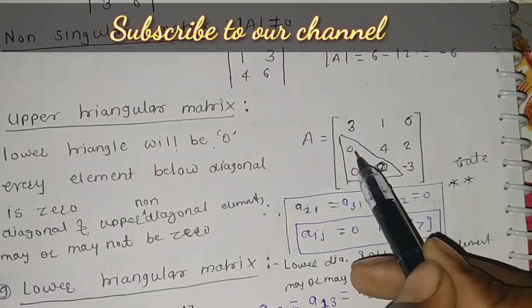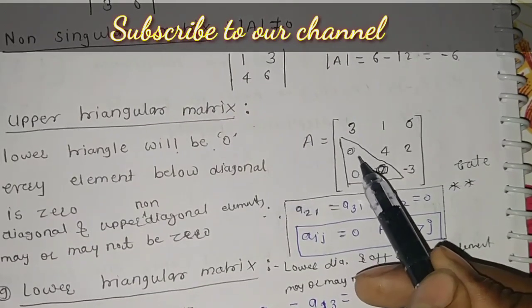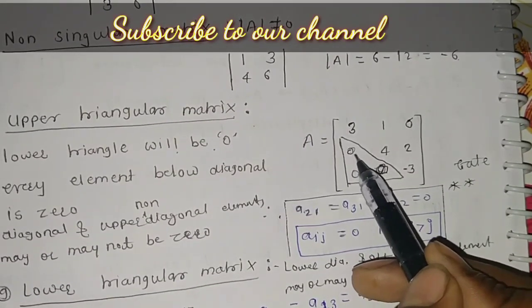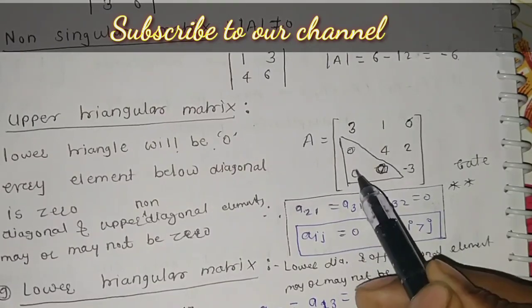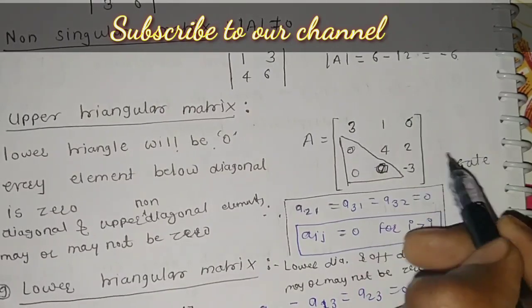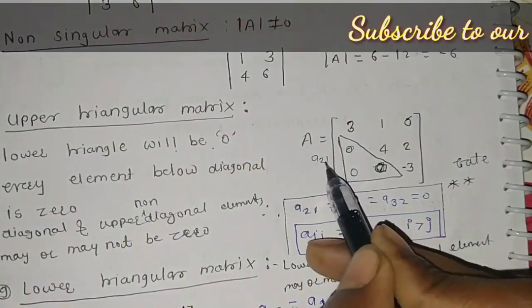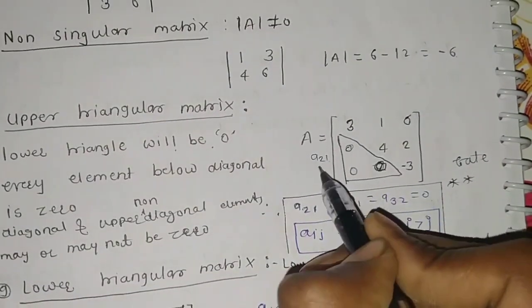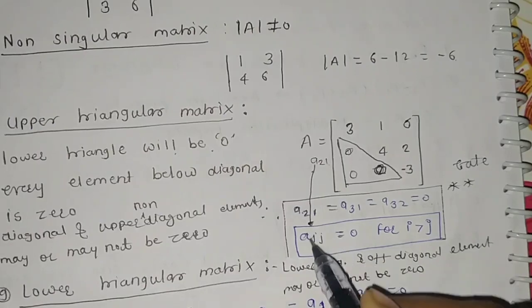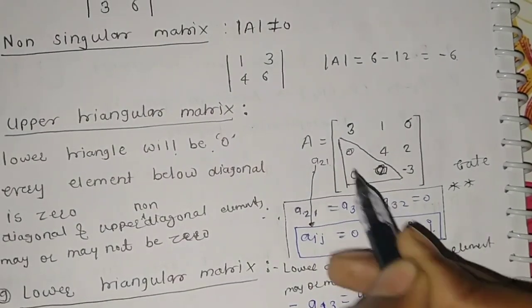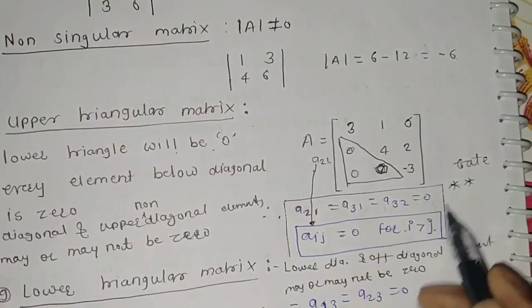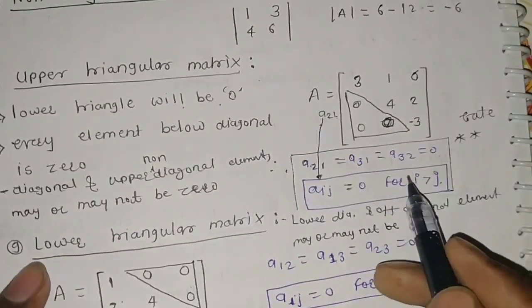Here you can check what is the position of this element 0. So here second row and first column, A21. So if you write like this Aij, here i is greater than j, so 2 is greater than 1. So similarly you can see by pausing this video.